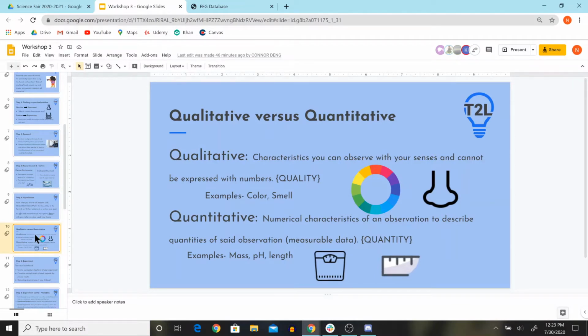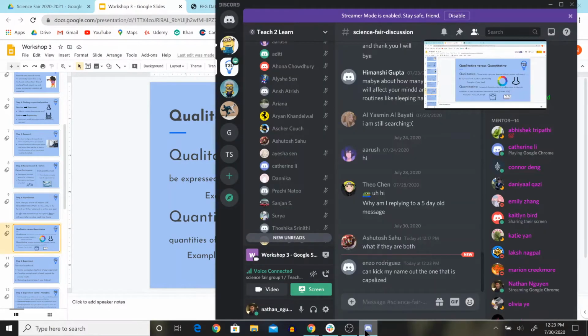Because maybe your plant did grow a lot in the first week, but then it died. Quantitative variables won't show that, right? It turns black and dies. And then it's super tall and it's dead, and that means it didn't work. But quantitative variables just showing the length wouldn't show that. So you need a mix of both to get the full picture. Yeah, definitely. Okay.